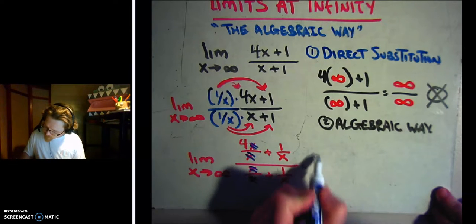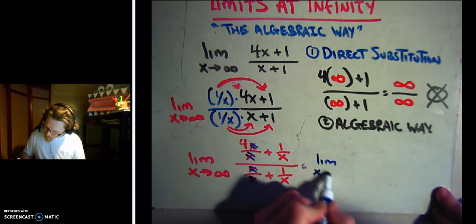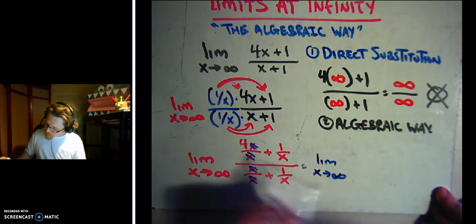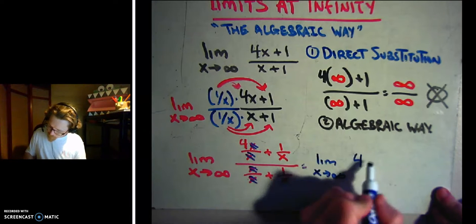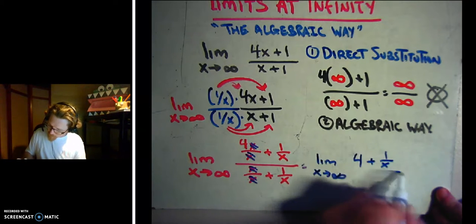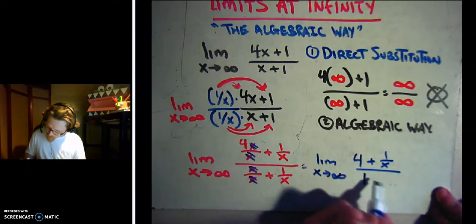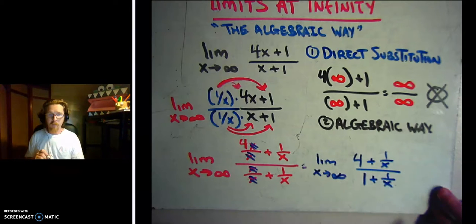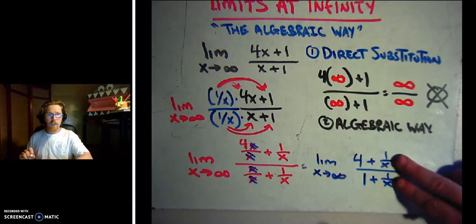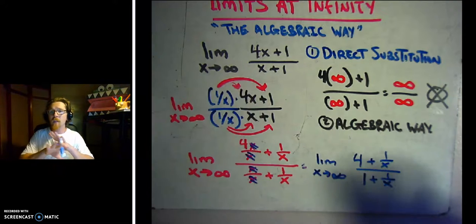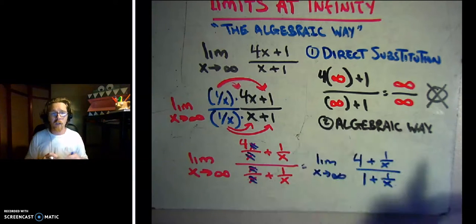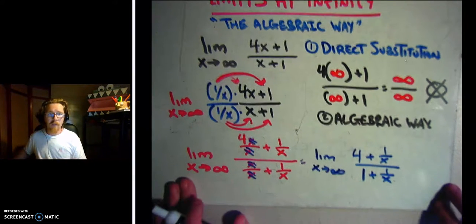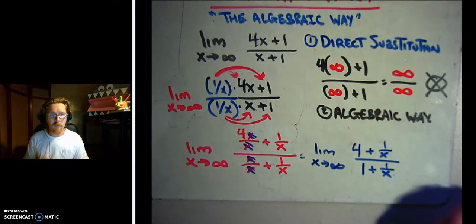So I now have the limit as x approaches infinity of 4 plus 1 over x over 1 plus 1 over x. This function and my original function are the exact same. They just look a little different, but that difference is going to be what helps us solve this.